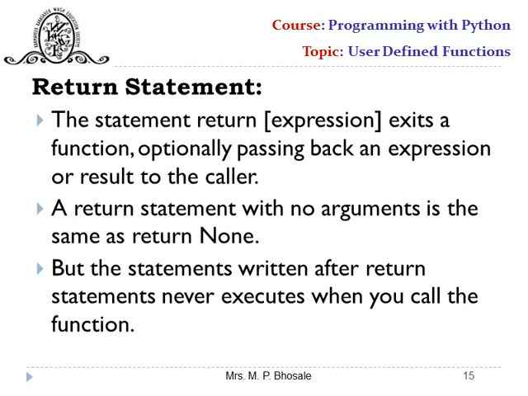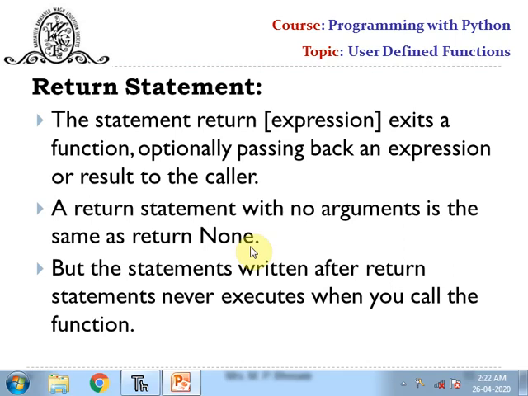The return statement just exits a function, and while exiting it passes the result back to the caller. So whenever you return the result, you have to store it somewhere and then print it. A return statement with no argument means it is returning nothing. But if you write some statement after the return statement, then it will never execute.